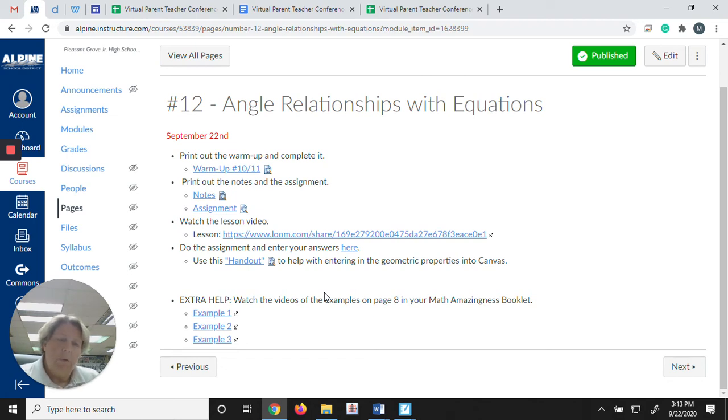As far as late work is concerned, students are allowed to turn in late work up until the unit test. So for them, that would be next week. They do not get marked down for turning something in late. I want the score on the assignment to reflect their knowledge.